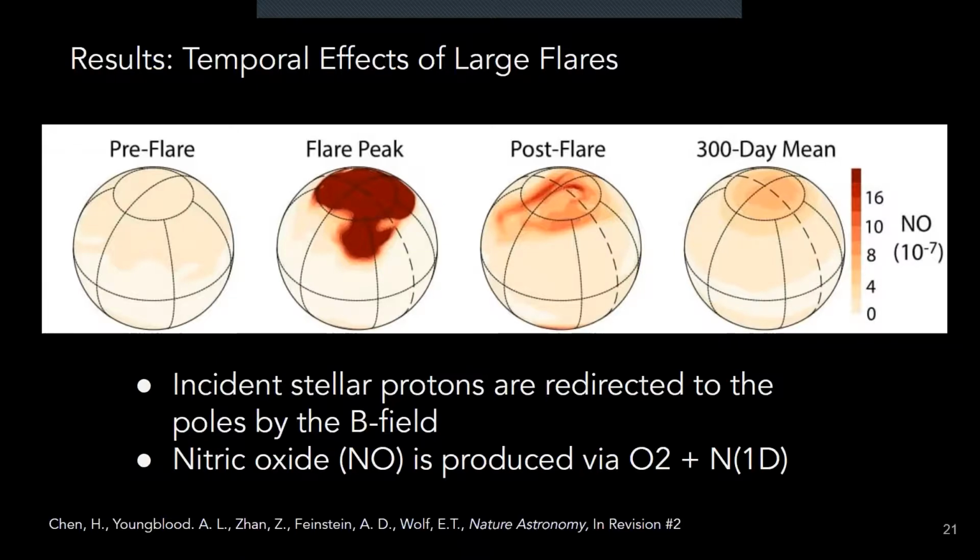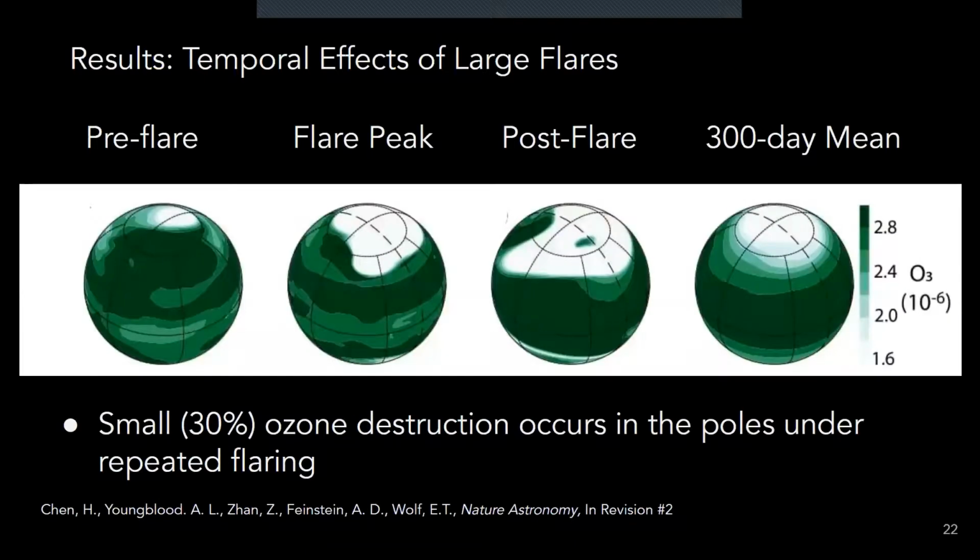So this is a global distribution of the mixing ratios of NO. We can see that the incident protons are redirected to the poles, and during which protons dissociate N2 and O2, which then produces NO. You can see there's a small effect on ozone during strong flaring, and this small destruction seems to persist due to repeated flaring.